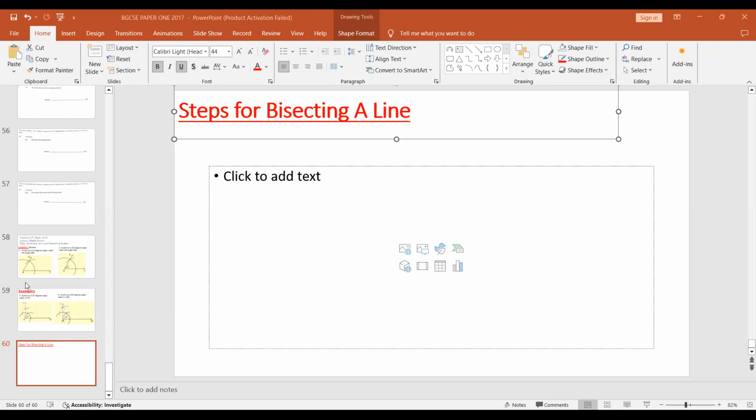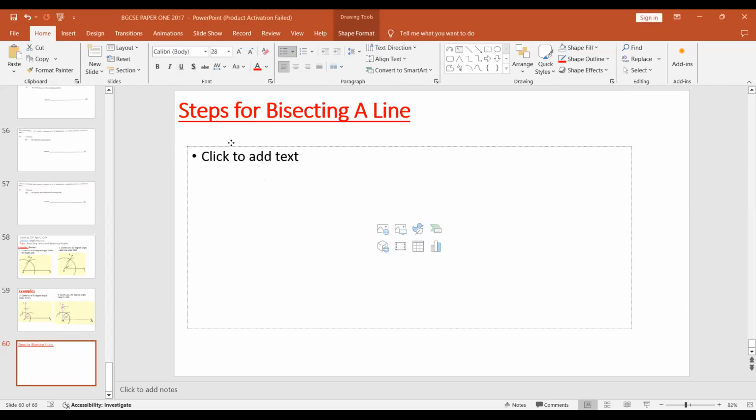All right, so let's move on to the steps for bisecting a line.